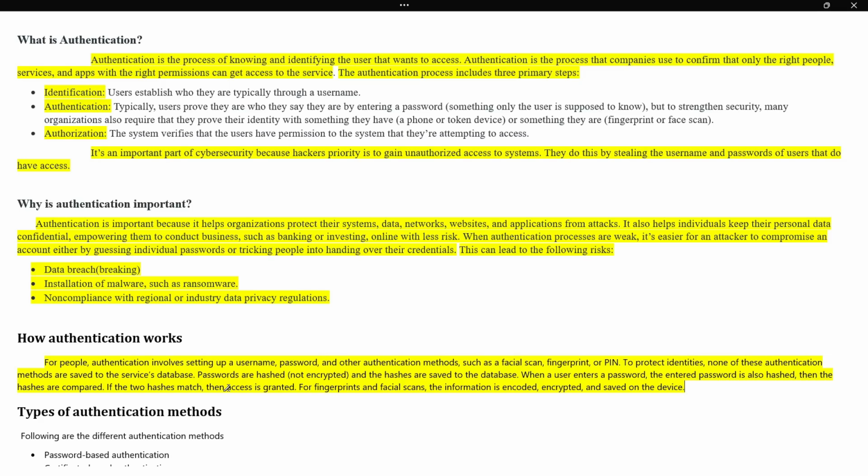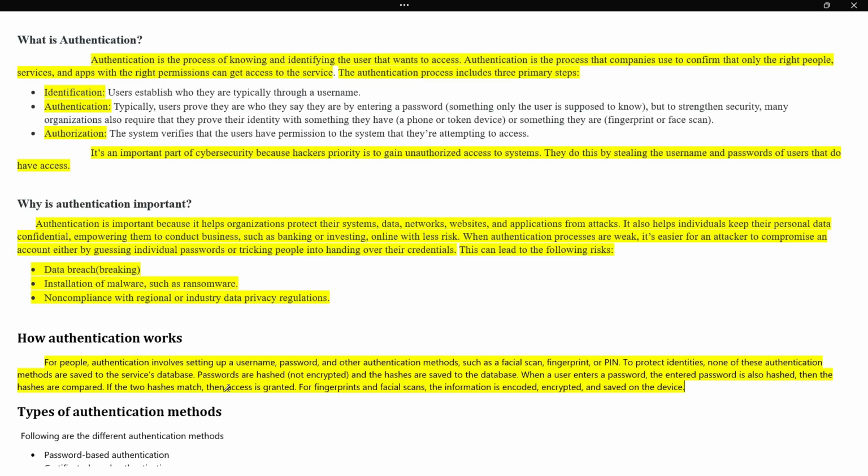Once they register into the system, we save that hashed password into our database. After they register, if they want to log in, they will enter username and password again. That password will come to the system, and then it will be hashed again with the same hashing technique.